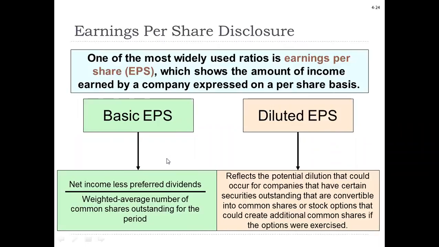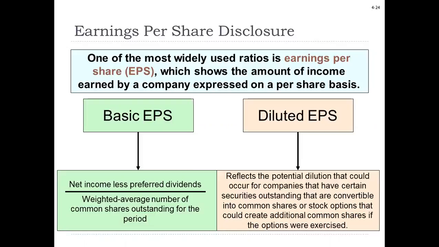Okay, the concept of earnings per share. Earnings per share is a widely used ratio. You have to express earnings per share in the income statement. It's usually shown at the very bottom of most income statements.